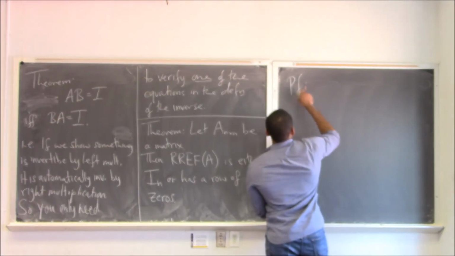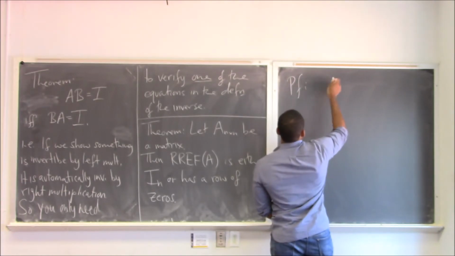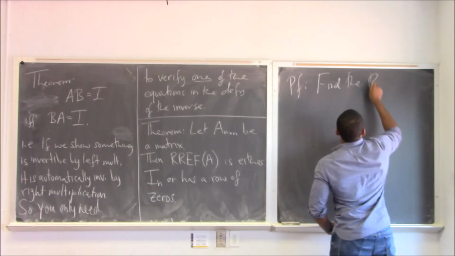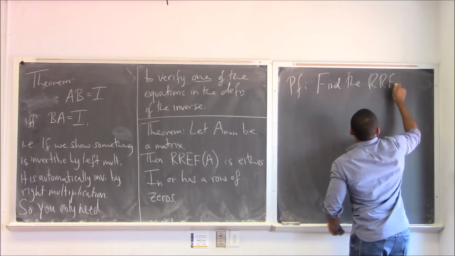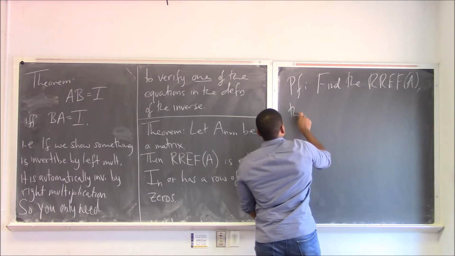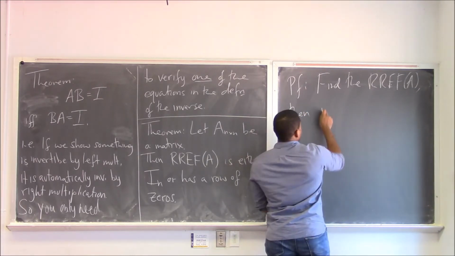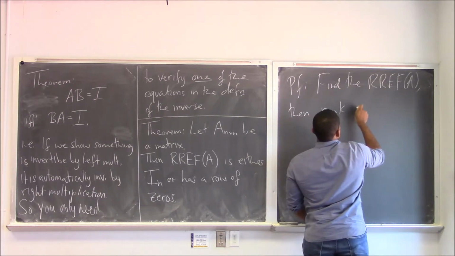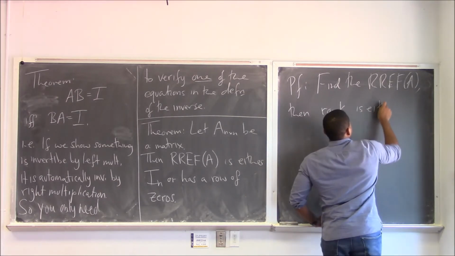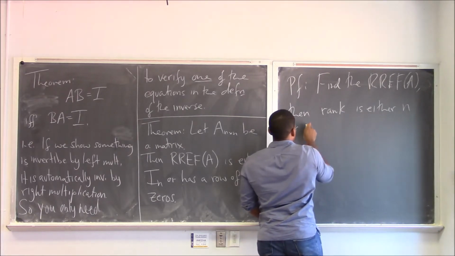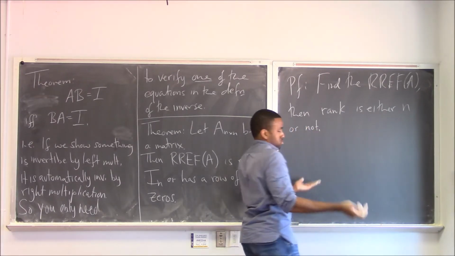The proof here is also not too complicated. Find the RREF of A. Then, this is something I introduced before, the rank is either n or not. Right?